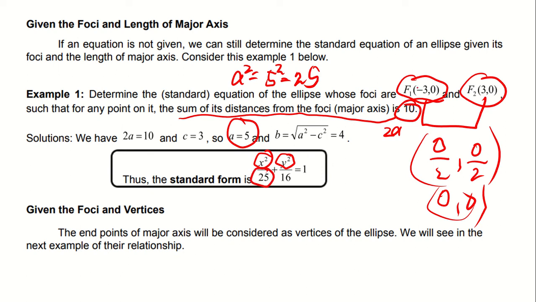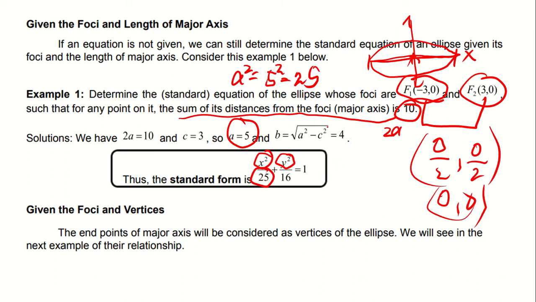Kasi alam natin na ang negative 3, 0, 3, 0, ang gitna niyan ay nandito. So, it means, since ito ay x-axis, this is the y-axis, and then ito yung ating major axis or major natin na length. So, that means, this is in x. So, ang atong 25 na asa ubos sa x squared.